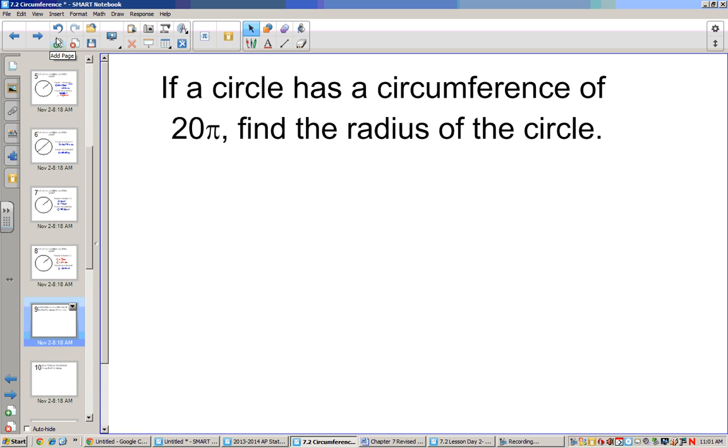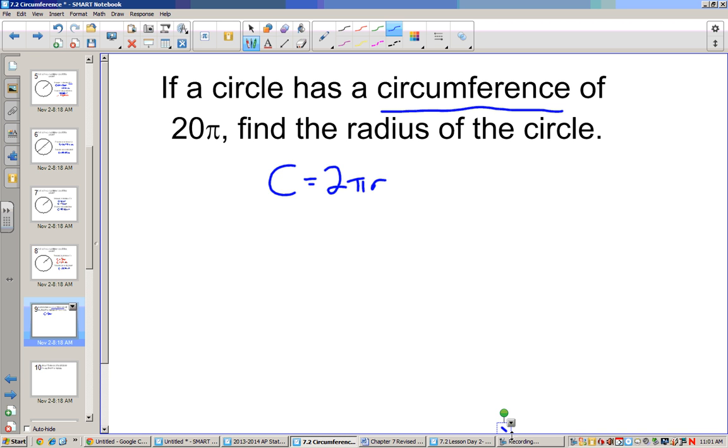All right. Now it says if a circle has a circumference of 20 pi, let's find the radius. So we know circumference is equal to 2 pi times r. Now, they tell us that the circumference is 20 pi. So instead of writing circumference, I'm going to write 20 pi equals 2 pi r.